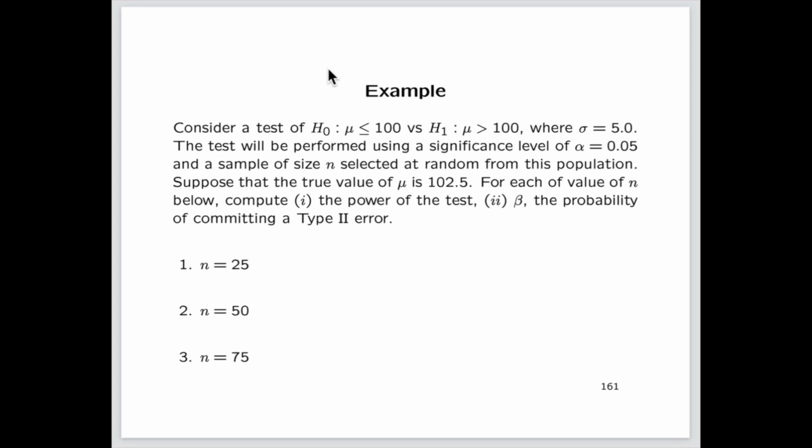And the test is going to be performed using a significance level of 0.05, 5%. The sample size is denoted by n and varies from 25 up to 75. Now suppose that the true value of mu is 102.5. For each value of n below, compute the power of the test and beta, the probability of committing a type 2 error.